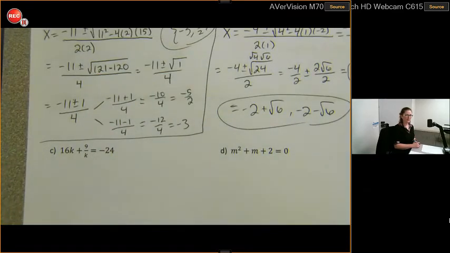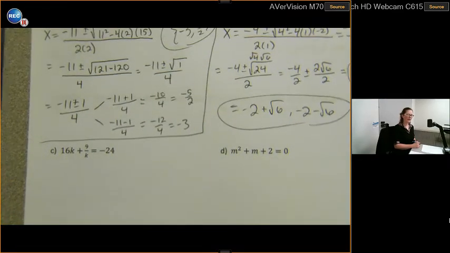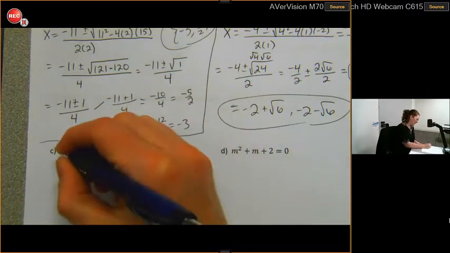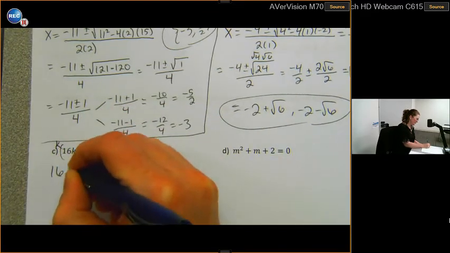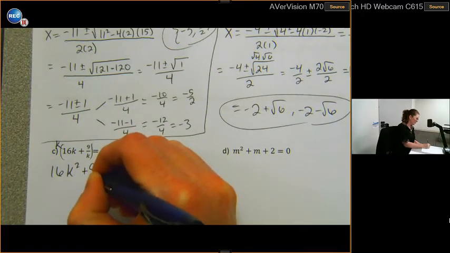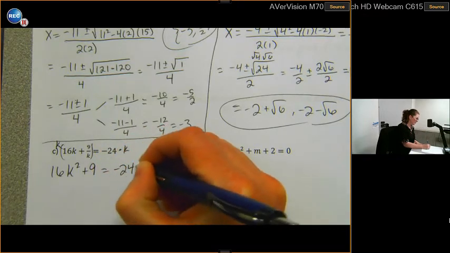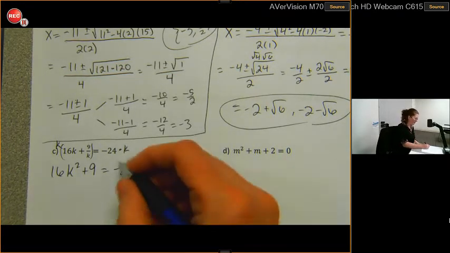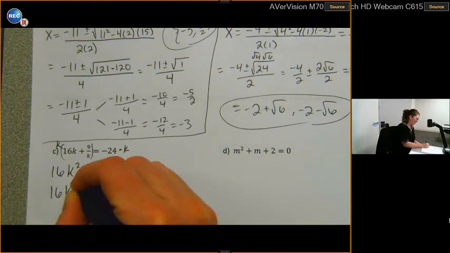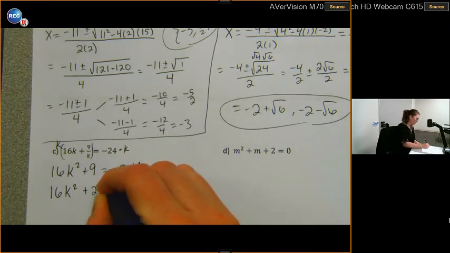Part C. So our setup of our initial equation is kind of strange. I have this k in the denominator. If I want to get this k out of the denominator, I'm going to multiply everything by k. So if I multiply by k, I get 16k squared plus 9 equals negative 24k. And then like on letter B, I have to make it equal to 0, so I'm going to add the 24k over to the left-hand side.